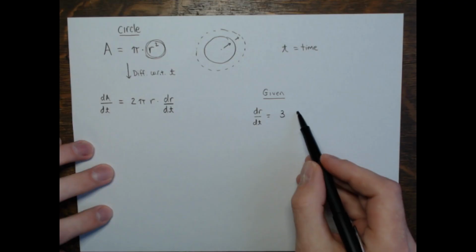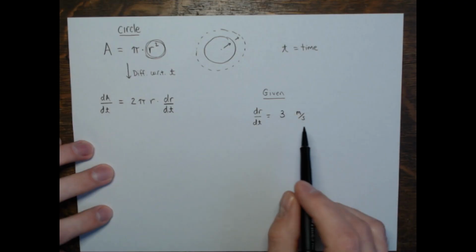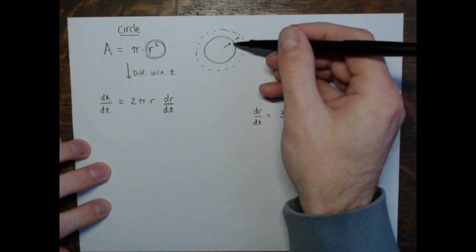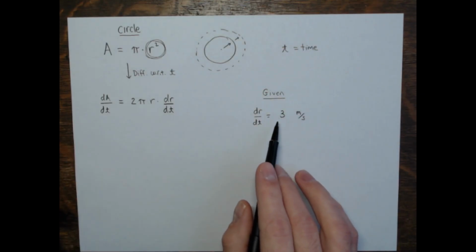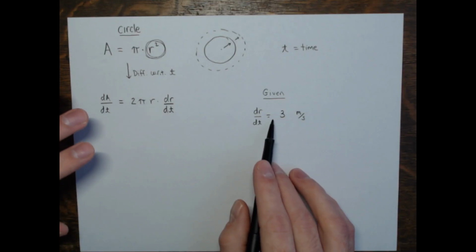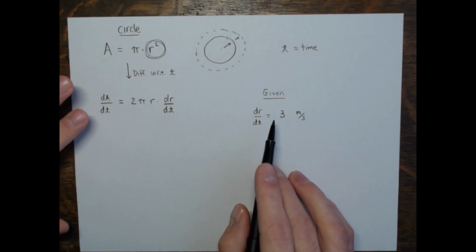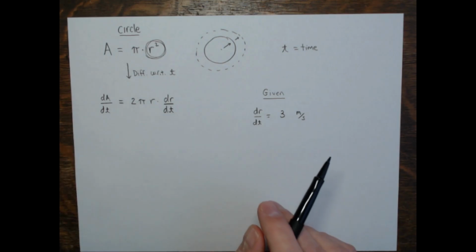And it was positive 3. Right? So if they said the radius were decreasing at a rate of 3 meters per second, then I would say that dr dt was negative 3. So please understand that. It's very important for these problems. Increasing positive derivative, decreasing negative derivative.